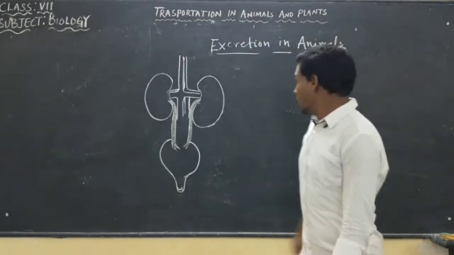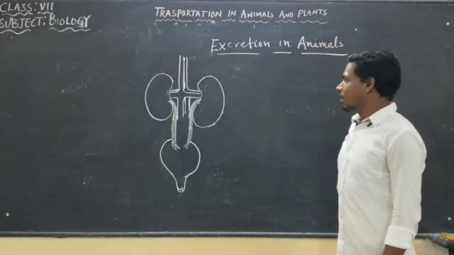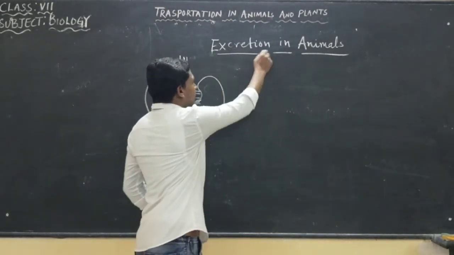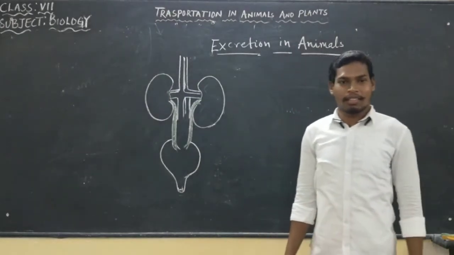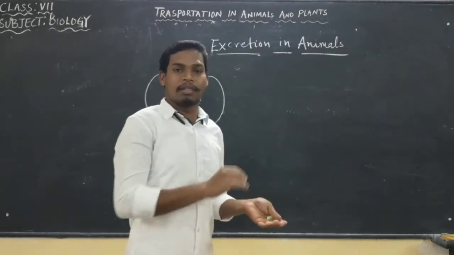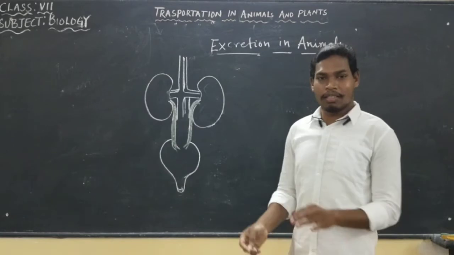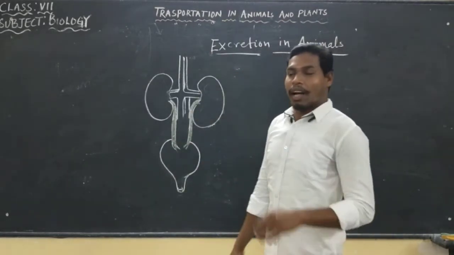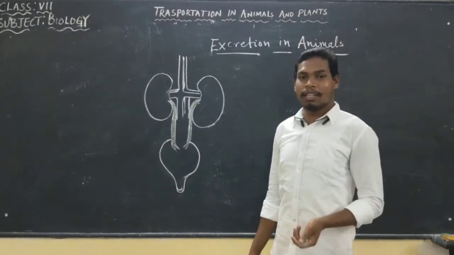Now we are going to deal with excretion in animals. You might know that the undigested food is removed from the large intestine, and carbon dioxide is removed through our respiratory system.